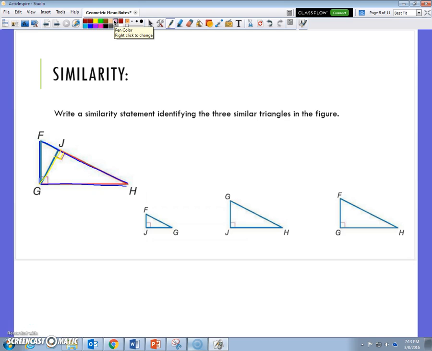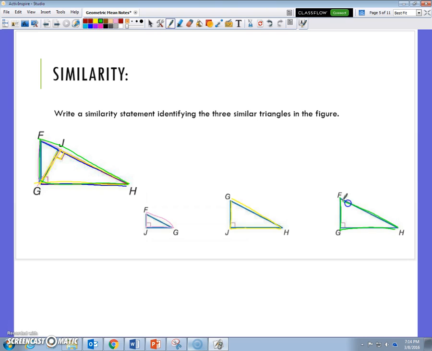We have the smallest, FJG. I'll outline him in pink. And then I have the second smallest, GJH. And I have the original starting triangle, FGH.